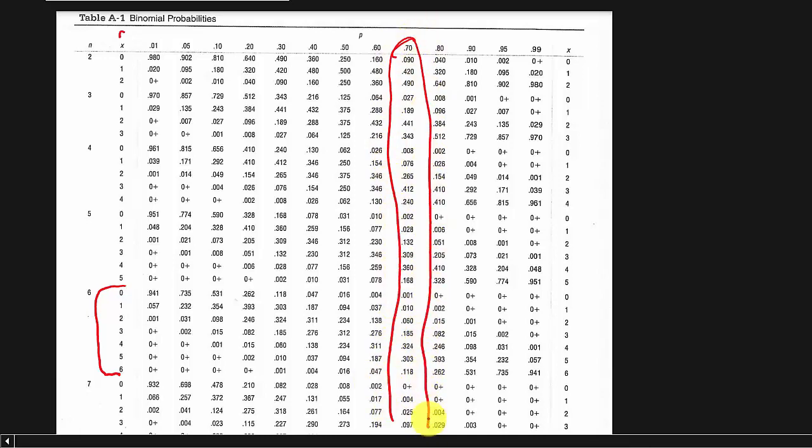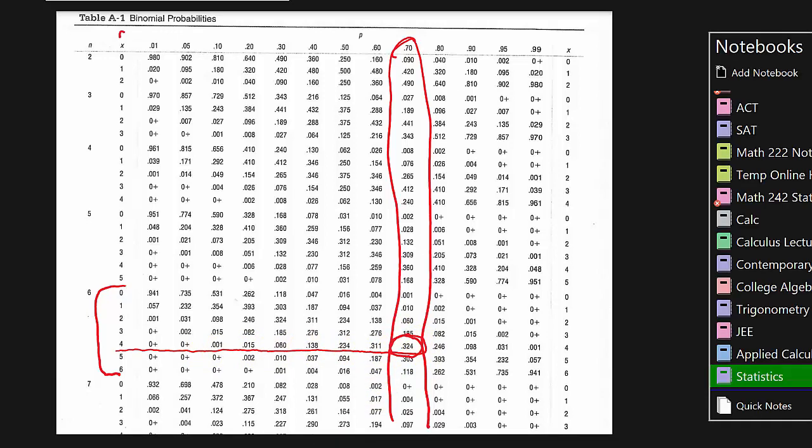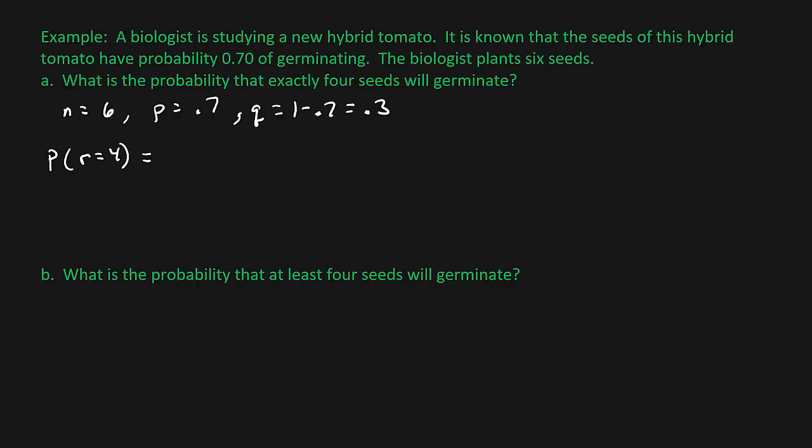See that? And we want to know when R is 4 exactly. So we're on this row right here. So it's that one right there, 0.324. There's your probability of success. It's a lot easier when you're using the table.